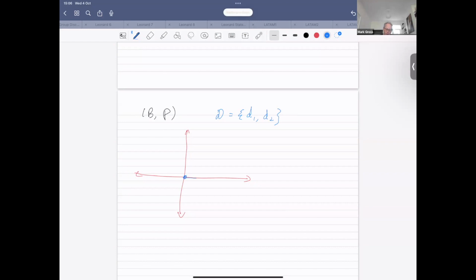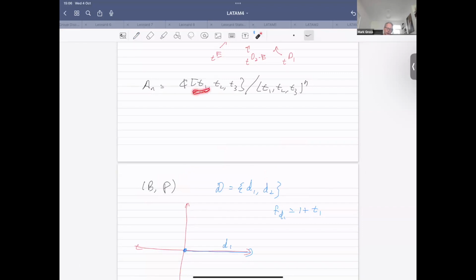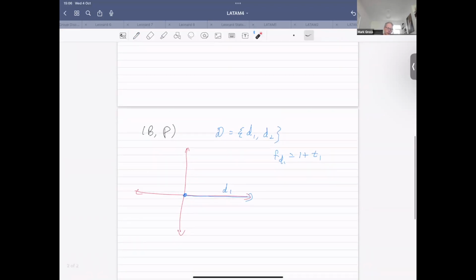The first one sits on top of this ray in P and has an attached function, f_D1, equal to 1 plus t^E, let me write this T1 to fit with the notation up here, T1 times z^(-1,0). So here I'm using the embedding in the plane, as you see. (-1,0) is the tangent vector to this ray, or to D1, pointing to the left.